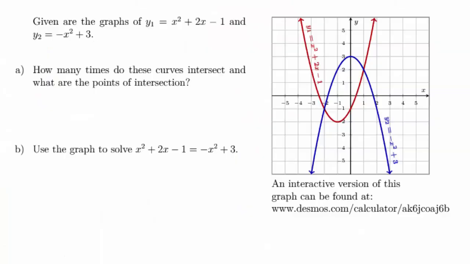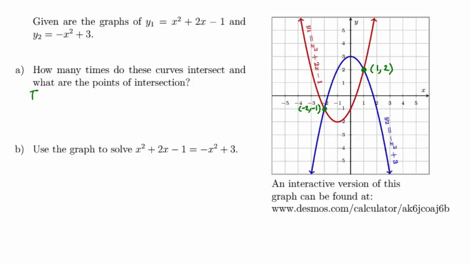I have the same graphs here, and I'm going to label these off. So this point of intersection, let's look at this first one. It's at the point (1, 2), so I'm going to label that with the point (1, 2). And this other one, where x is negative 2 and y is negative 1, I'll label as (negative 2, negative 1). So the first thing that I need to answer here is how many times do these curves intersect?